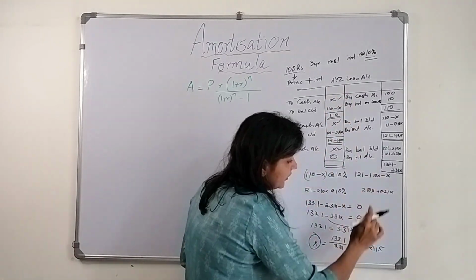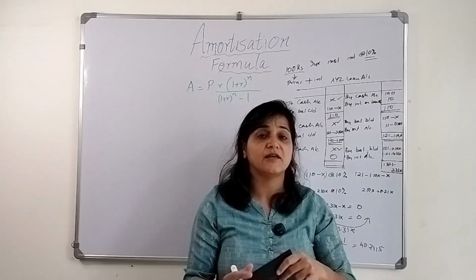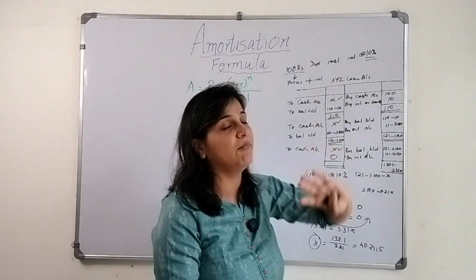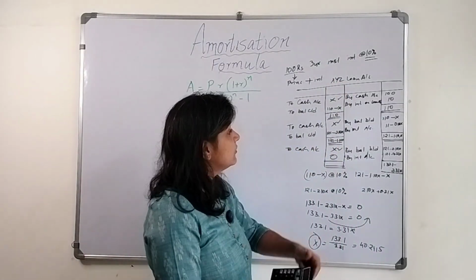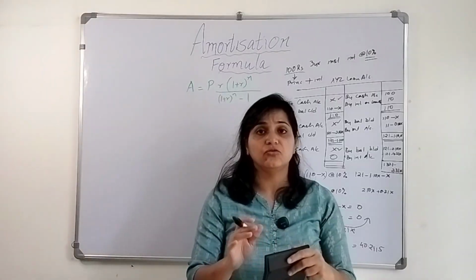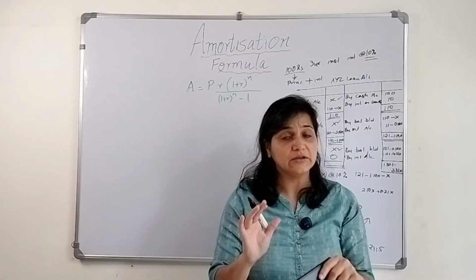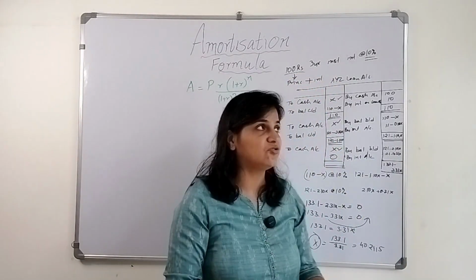Every year I am paying 40 rupees 115 paisa to my friend, and at the end of the 3 years the amount will be 100 rupees. You can calculate it. This is how I will get to know my yearly equal installment, which includes the principal amount as well as the interest amount.